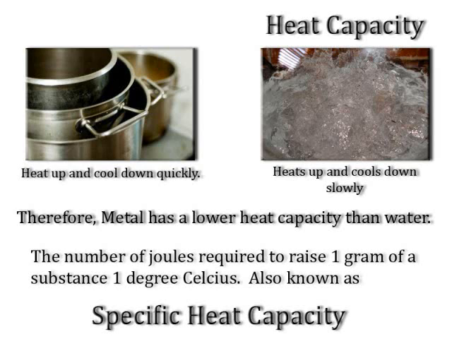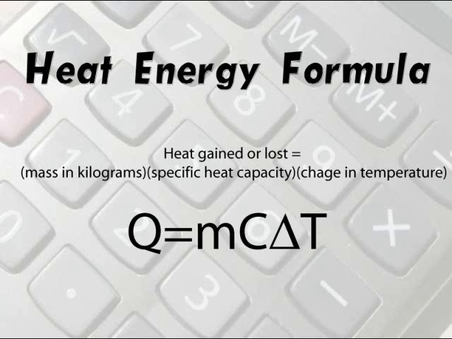This is called specific heat. Heat capacity is the number of joules required to raise 1 gram of a substance 1 degree Celsius. The formula for heat energy is stated this way. Heat, whether it's gained or lost, is equal to the product of mass in kilograms times specific heat capacity times the change in the temperature.